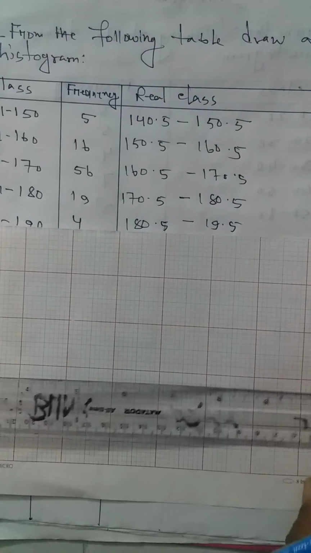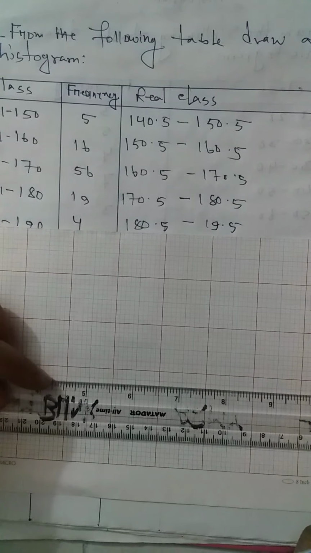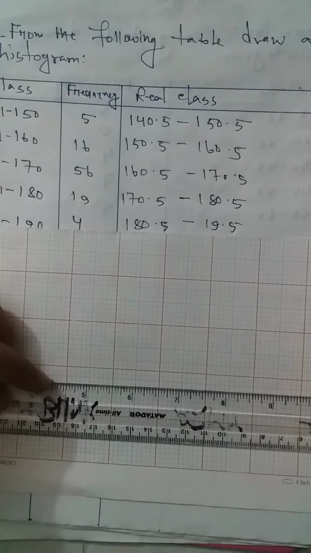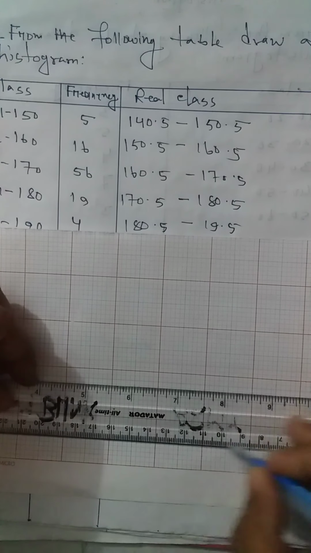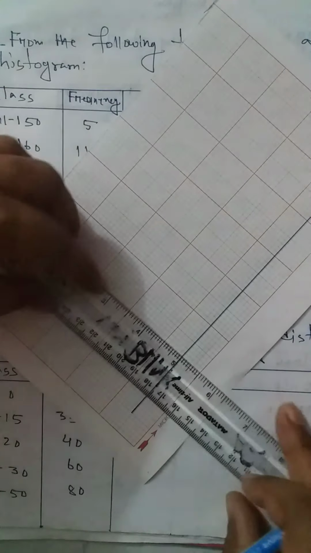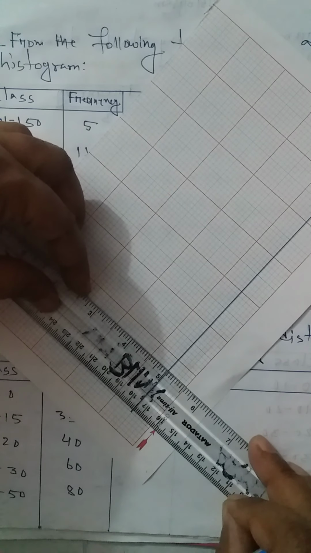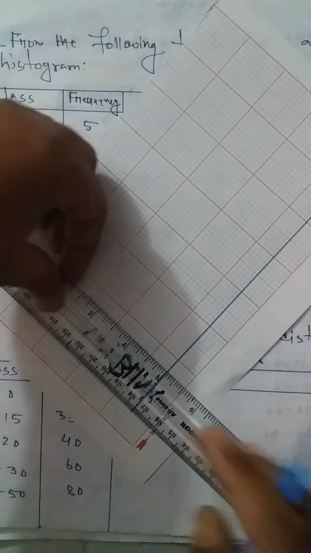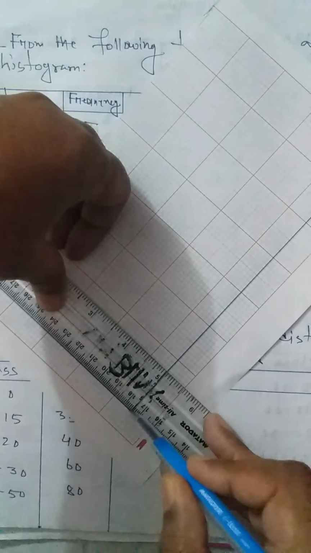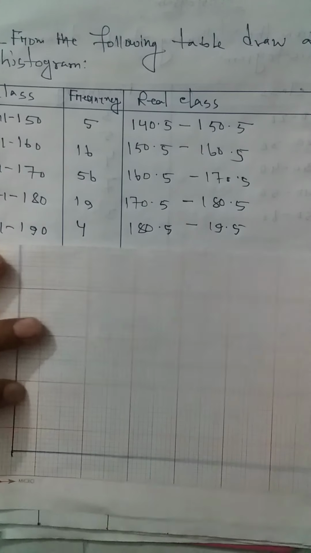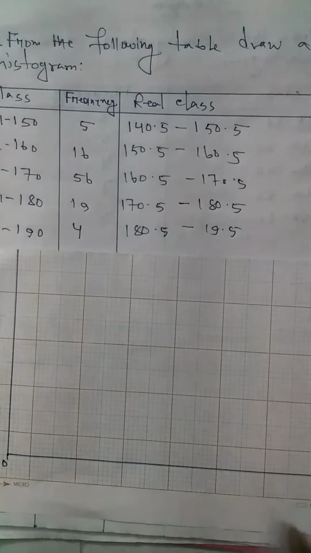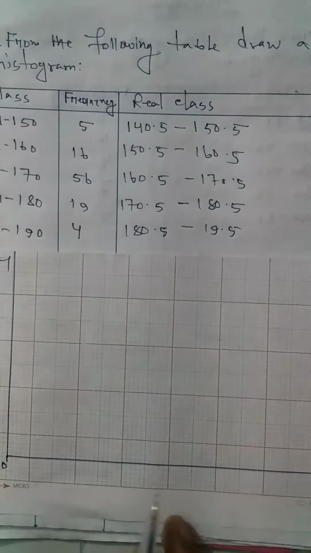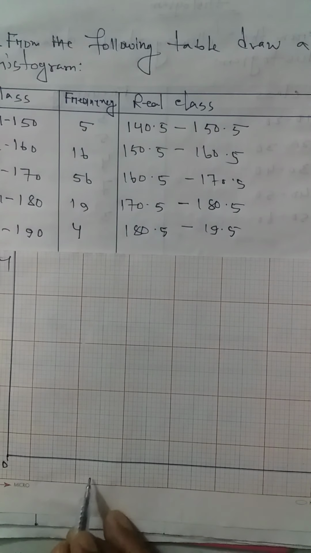Same way, dear student, now draw the histogram. The given question is inclusive method. We transfer to exclusive method, then on the OX axis indicate the real class lower limit.